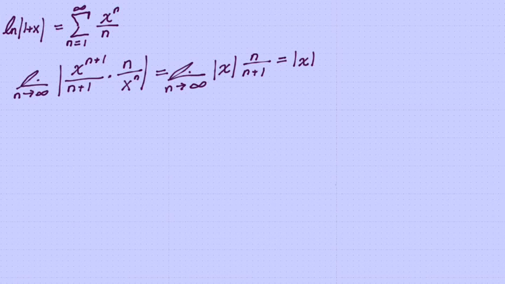So the power series for the natural log converges when x is less than 1 in absolute value, so from -1 to 1.